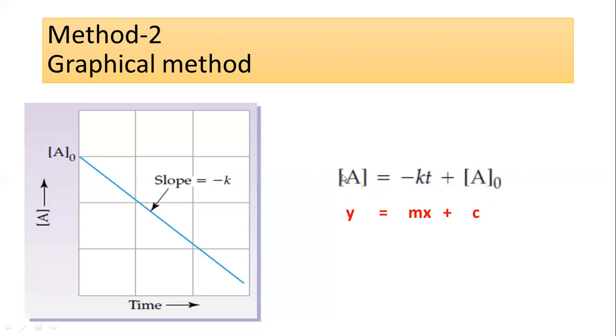So how can you identify whether this is a straight line equation with intercept or without intercept? I'm giving you very basic information. You can do this by generalizing the concept, which I am going to explain over here. First, look at the equation.